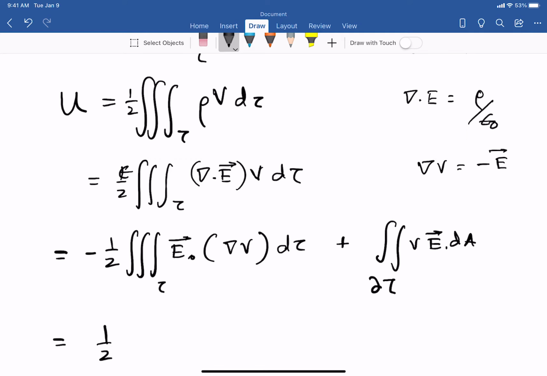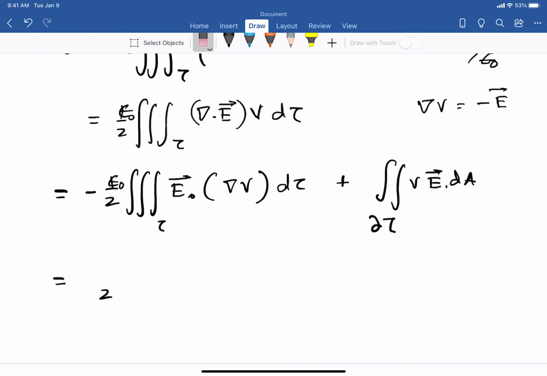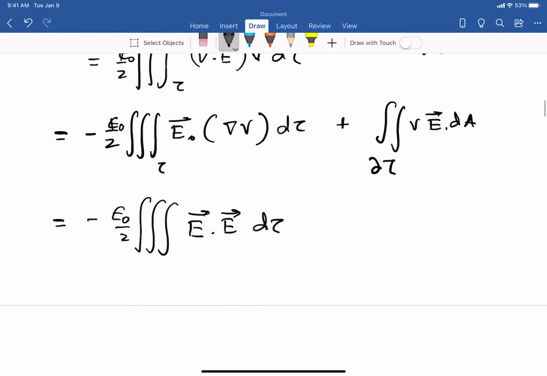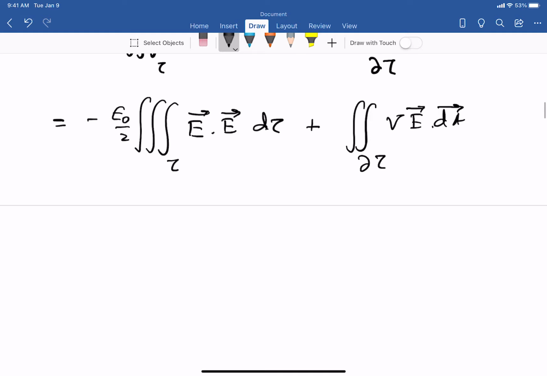Yes, there should be an epsilon 0 here. So you have E dot E d tau plus V E dot dA. And what is E dot E? E dot E is just the magnitude of E squared.